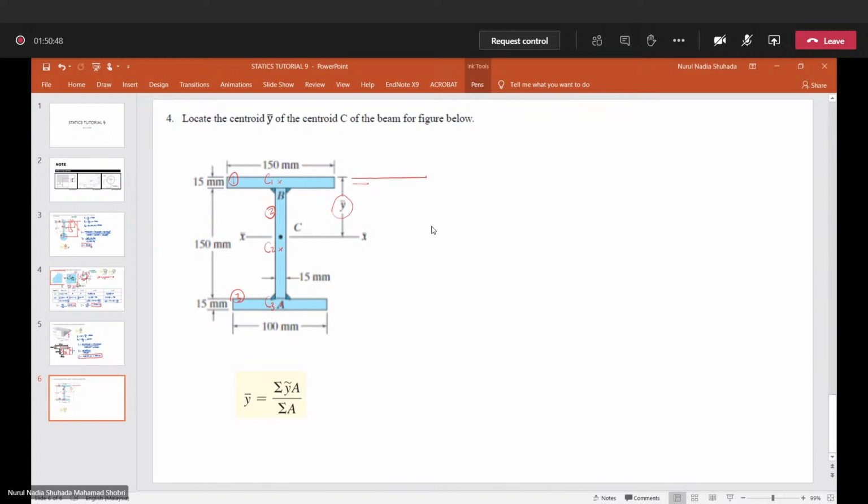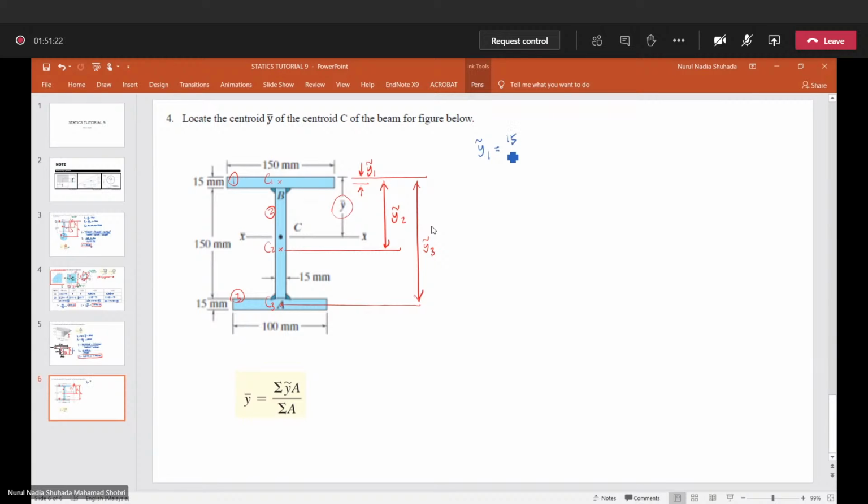This is centroid y1, this is centroid y2, and this is centroid y3. So we find centroid y1 first.